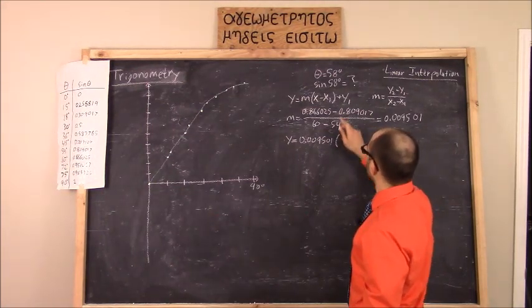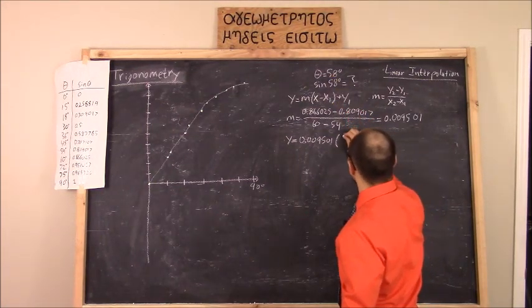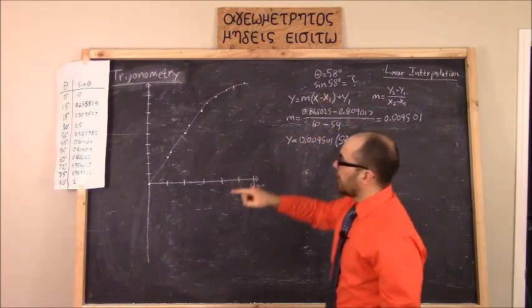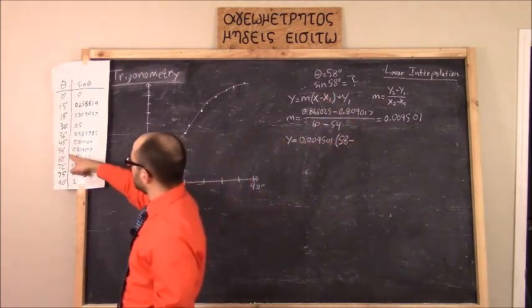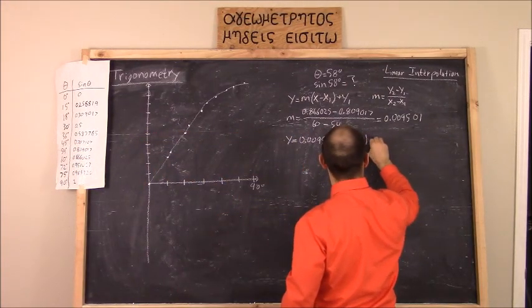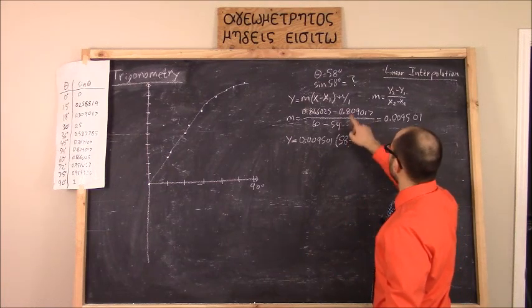Now let me plug it into there. X is going to be my 58. That's my input variable. X1, well, that's going to correspond to 54. And Y1 is this guy.